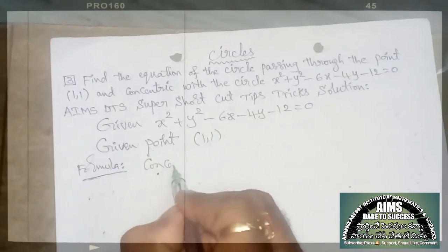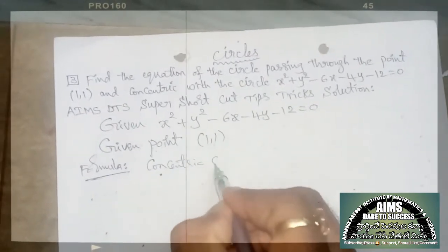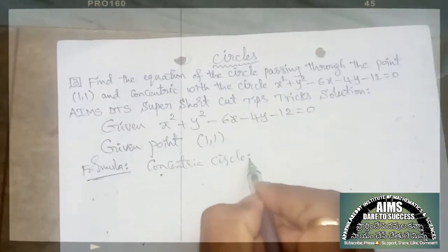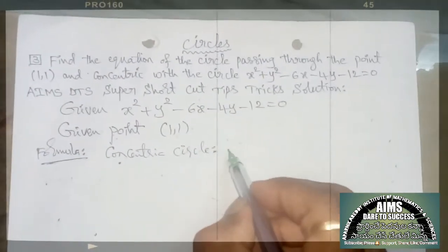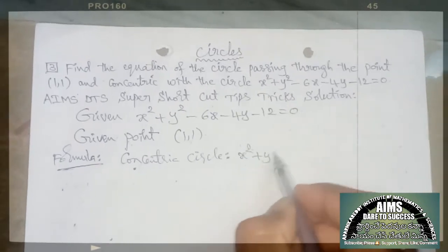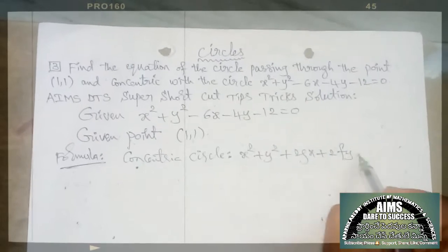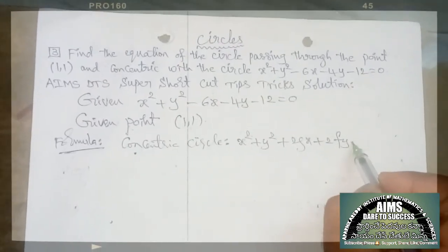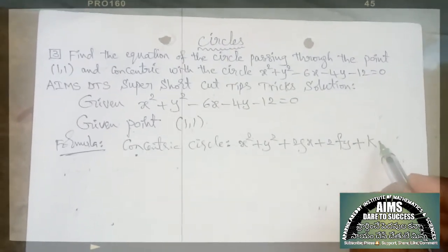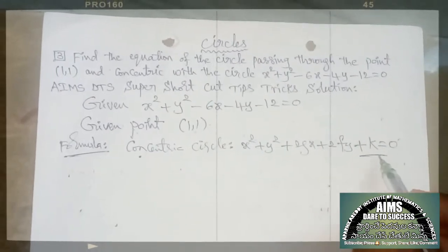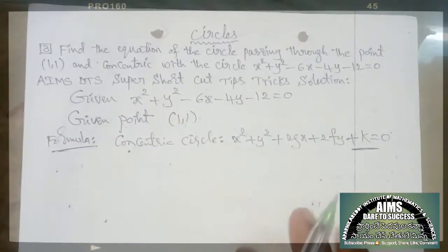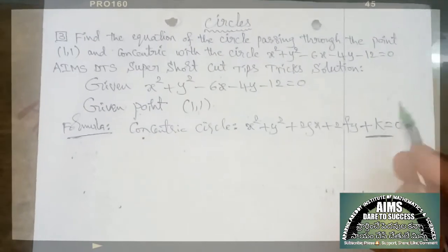The concentric circle formula, for the standard equation of the circle, is x square plus y square plus 2gx plus 2fy plus c, where c is the constant. Here remove that constant and you can write plus k is equal to 0. Only the change is the constant term. Remove c, add k.